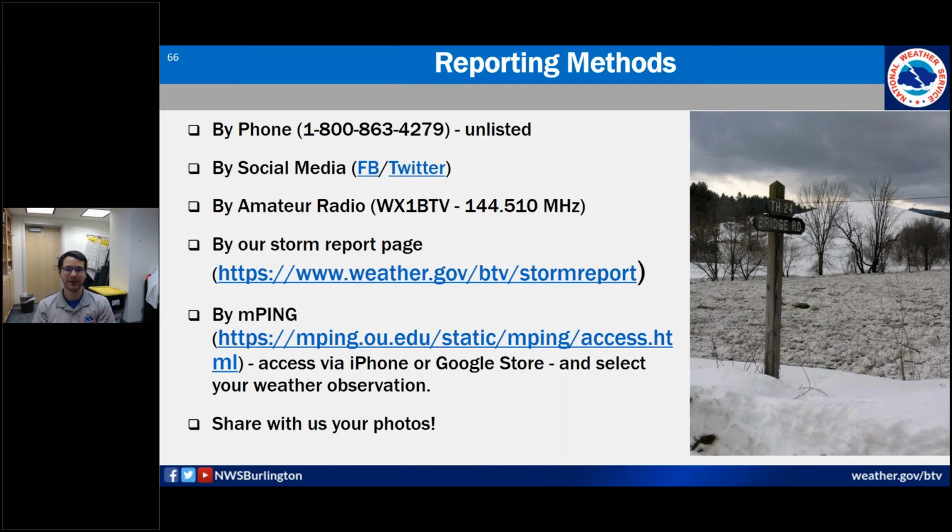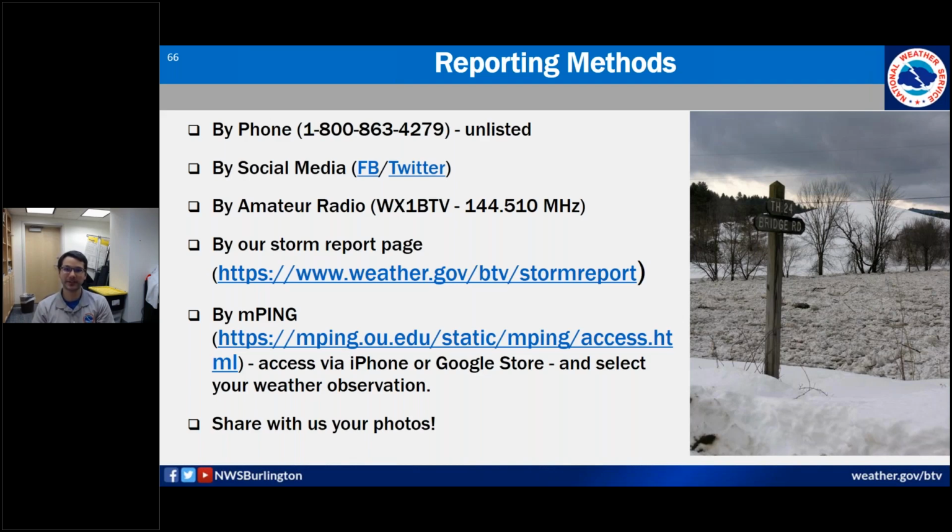We also have on our webpage, www.weather.gov/VTV/storm report, a page where you submit a lot of the information we talked about: the name, the time, what exactly is happening. All of that information a spotter reports is in that form, and it gets emailed to us in operations, so we can see your reports that way as well.